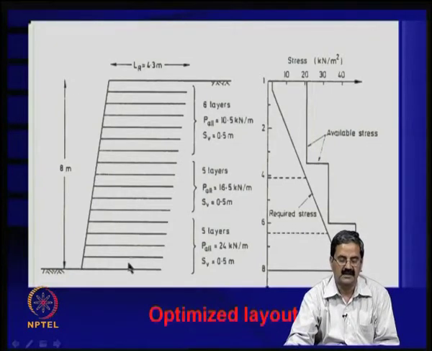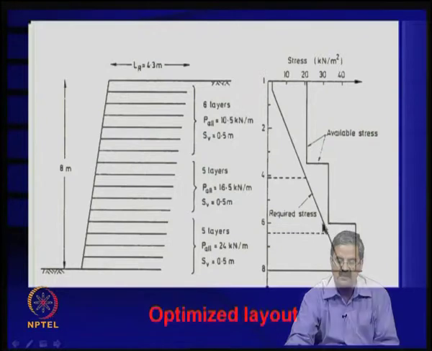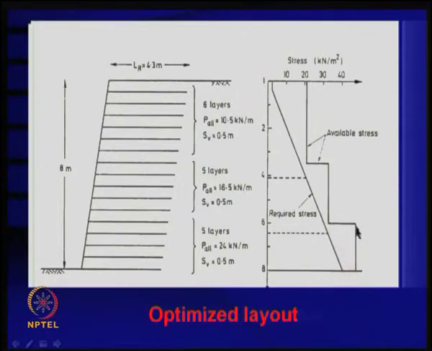So you can see that you can provide all at 0.5, 0.5, 0.5, and this is the required stress, and for the allowable stress, at this point a little extra is fine. At every point you see that all available stresses are more than the required stresses.